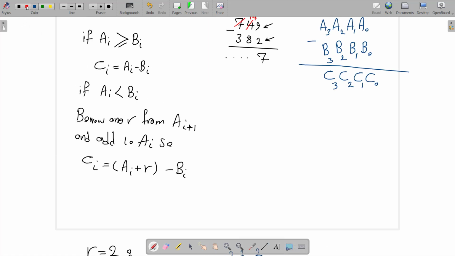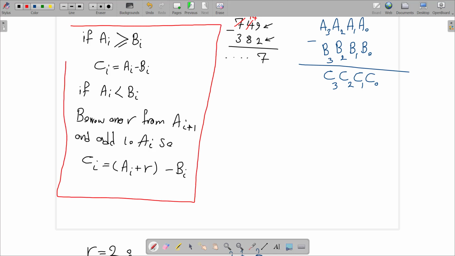As I said, this algorithm is difficult for the digital system to apply. To subtract two numbers in the digital system, we prefer to do this one instead of this algorithm. Suppose that we have m minus n. Instead of doing this subtraction, do this addition, m plus minus n. We know that these two are the same.